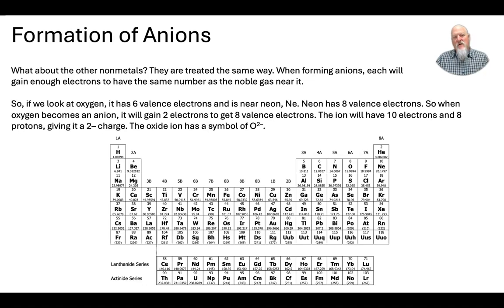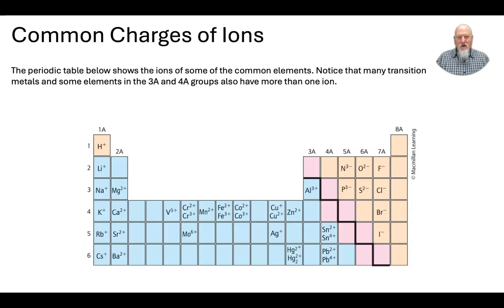So basically we saw metals are going to form cations. They're going to lose electrons. Nonmetals are going to form anions. They're going to gain electrons. So if we look at that on a chart, we can see the ions that are going to form. And we can predict that from the number of valence electrons. So the alkali metals, the atoms have 1 valence electron.